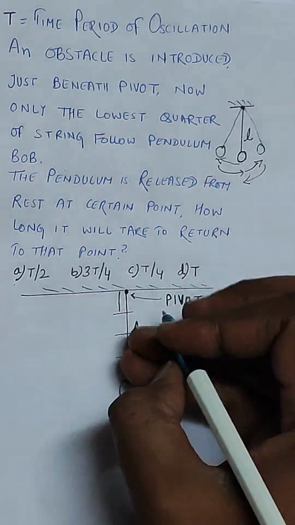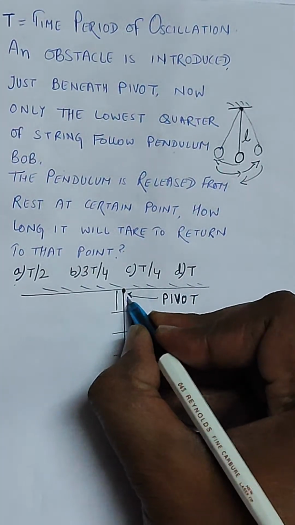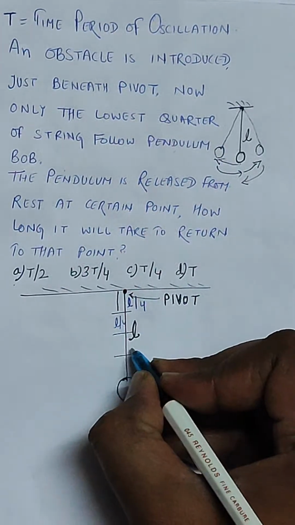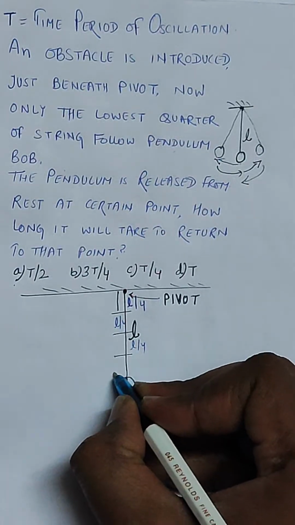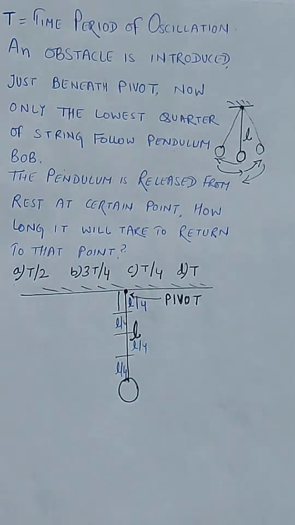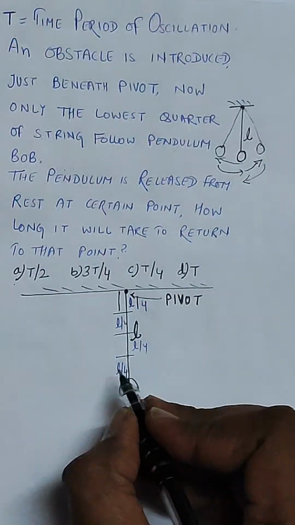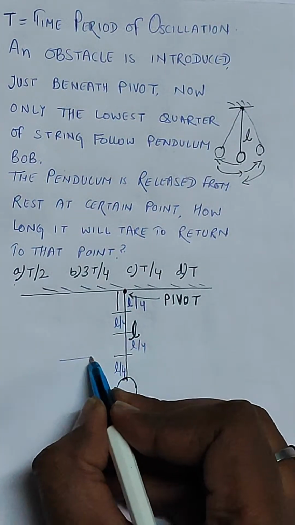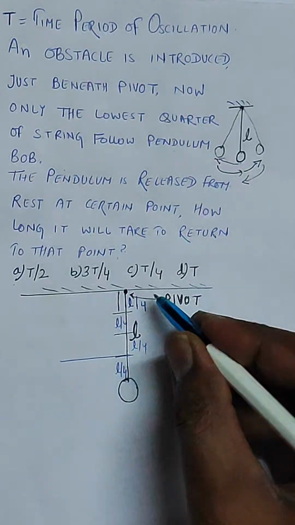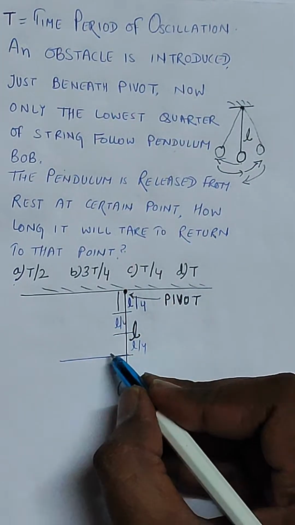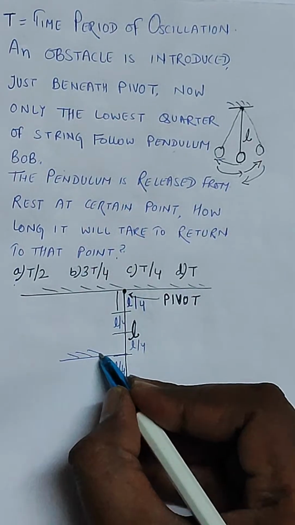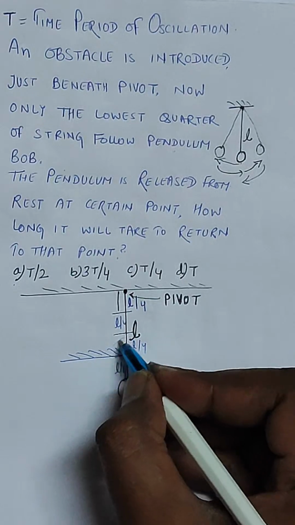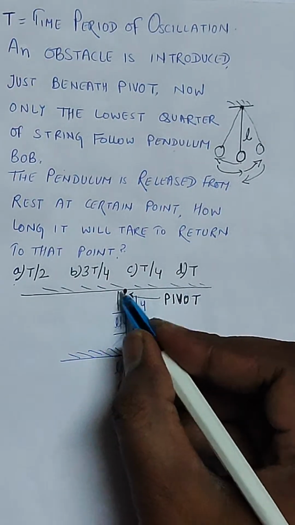So let me write it like this. If this is L by 4, this is L by 4, this is again L by 4, then only the last quarter is hanging. So the obstacle is introduced such that till the three quarters the flow of the pendulum is restricted.